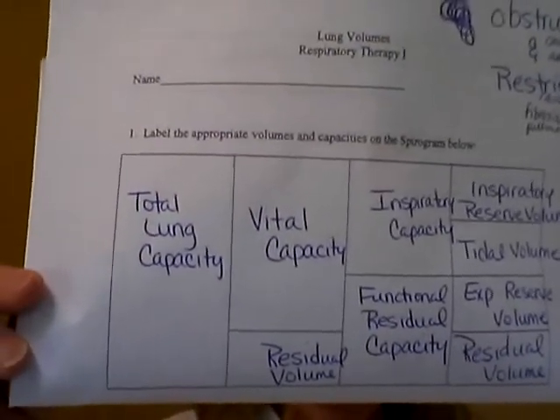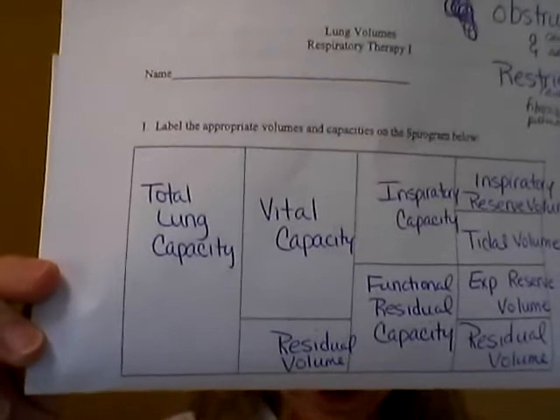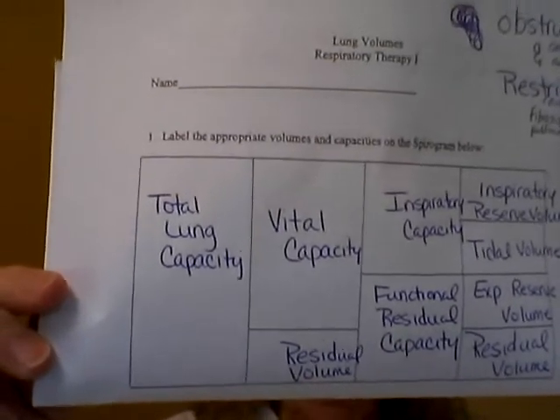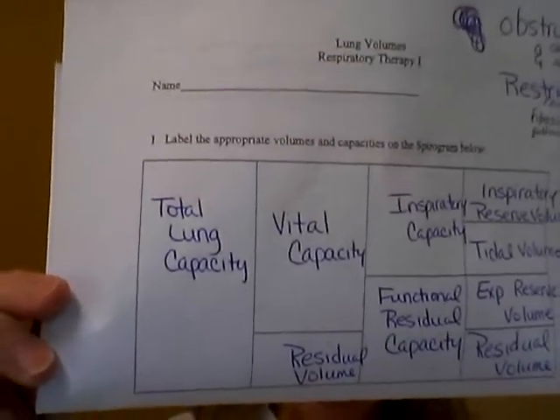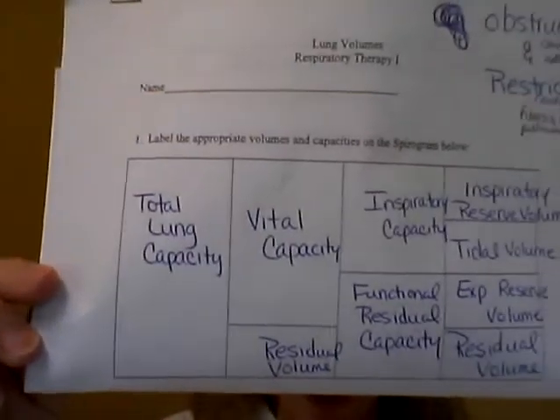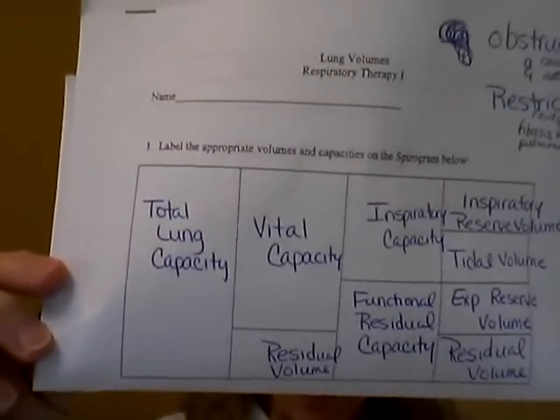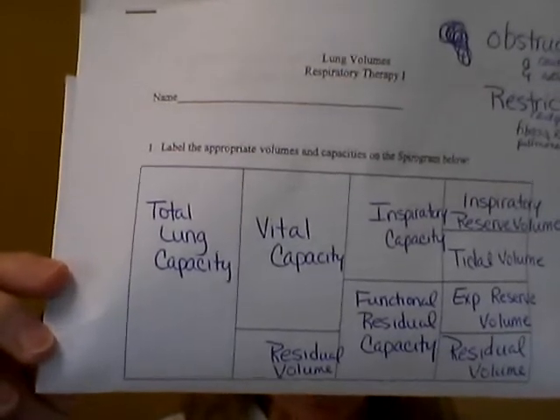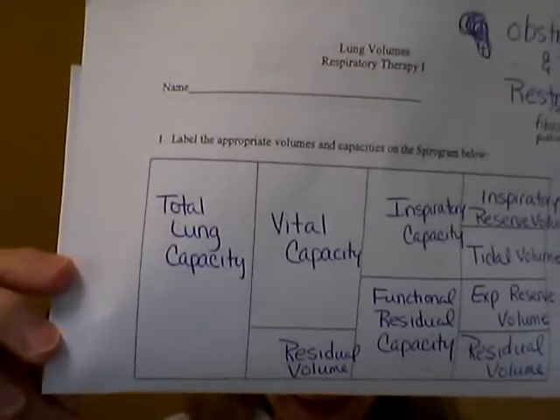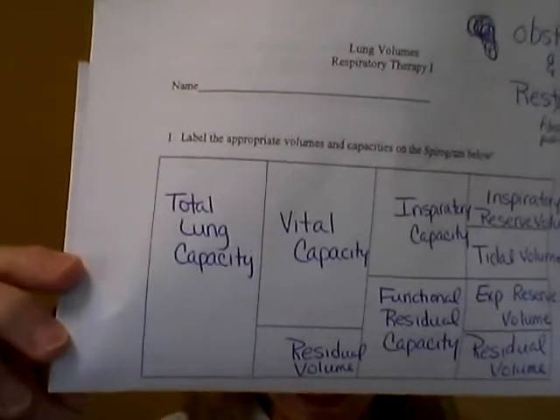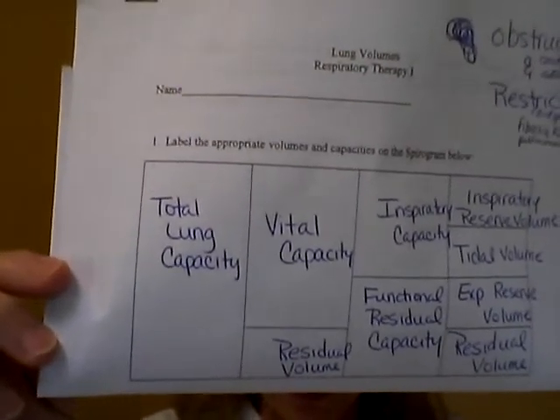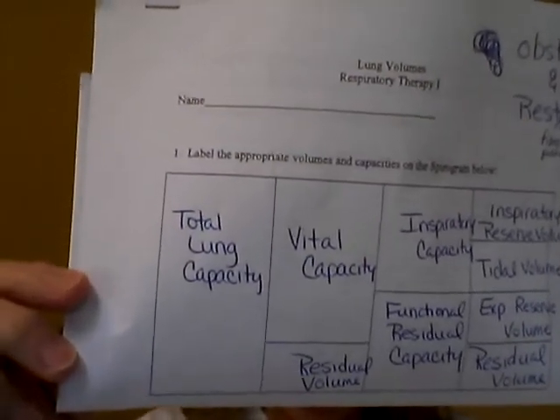So see over here, vital capacity, that is what we're looking at an impairment of when we are doing incentive spirometry. So you will see this little chart again when we do the section on vital capacity, on incentive spirometry.